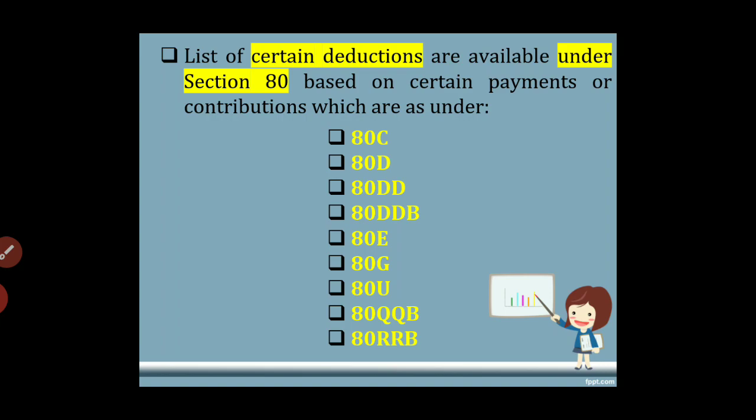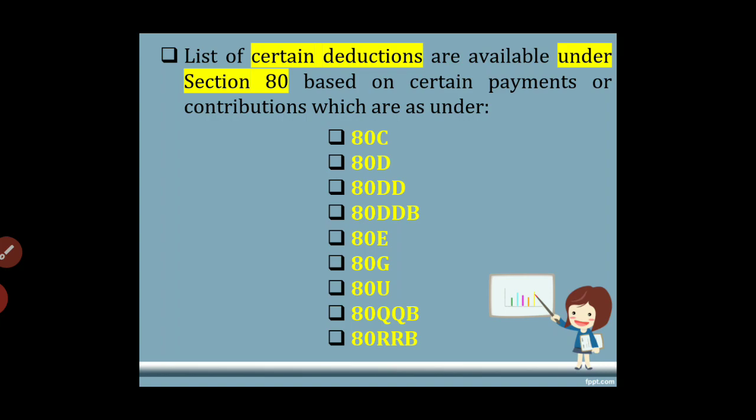And what you will learn in each of these deductions, which are available under section 80? You will learn number 1, what are the basic details about the deduction. That means what is this deduction for?